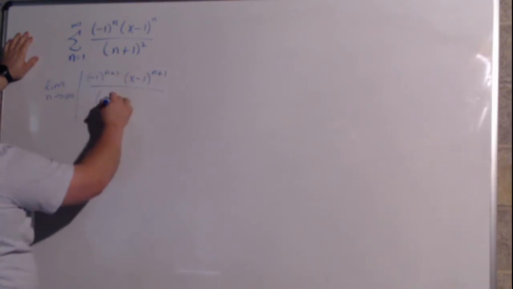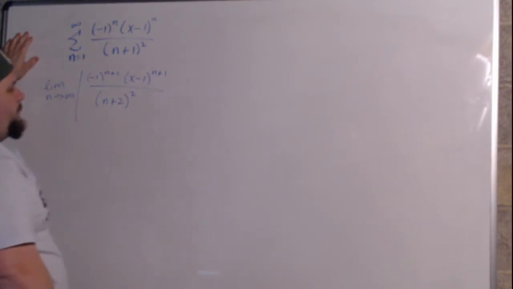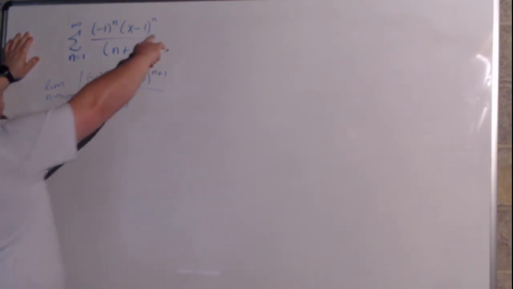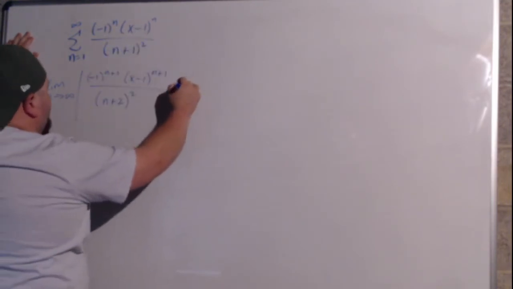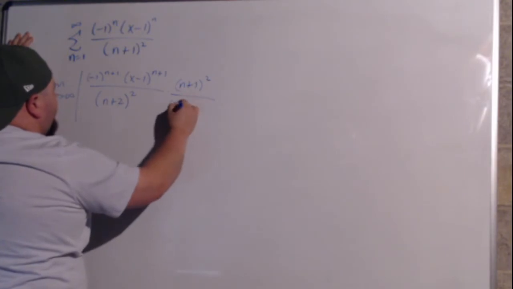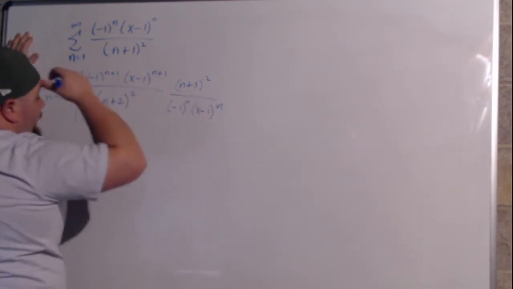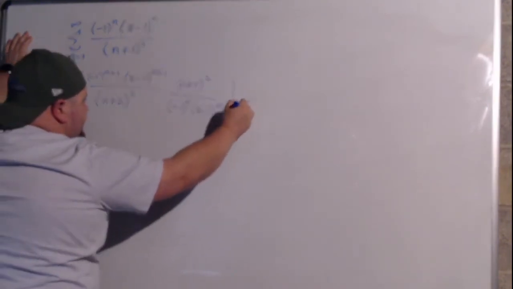So this will just become (n + 2) squared. Then we multiply by the reciprocal of the original, and this has to be less than 1.